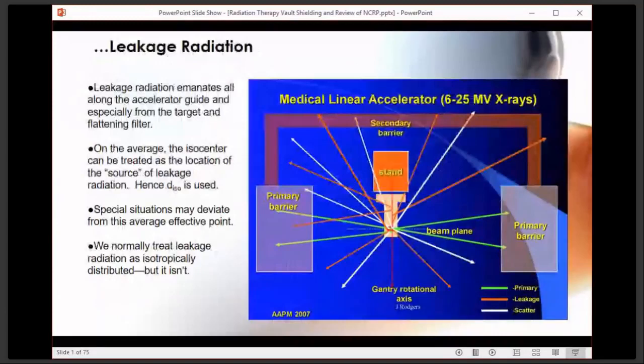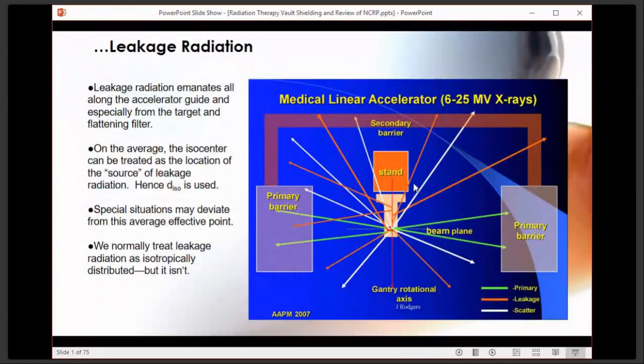So leakage radiation emanates basically in all directions, away from the accelerator waveguide and the target and flattening filter. Because of that, at most points around the room, you can use the isocenter as the center of leakage radiation. That isn't always the case, and actually there is anisotropy. It's lower in the back.